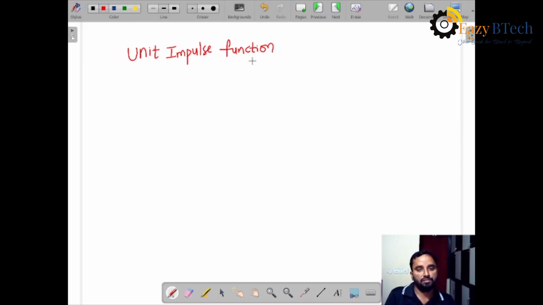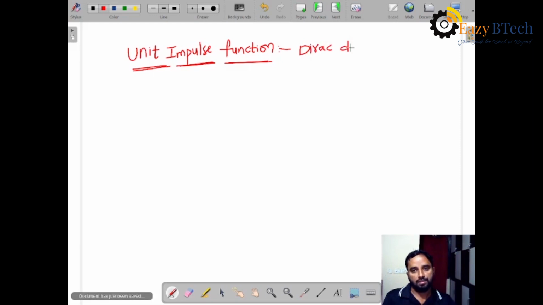So don't get confused. Signal and function are both the same. It is also called the Dirac delta function.